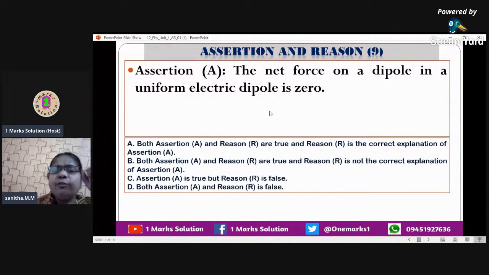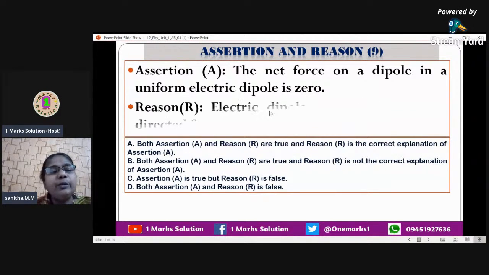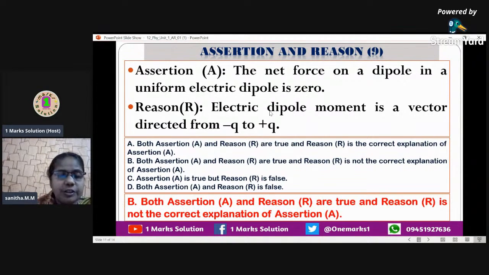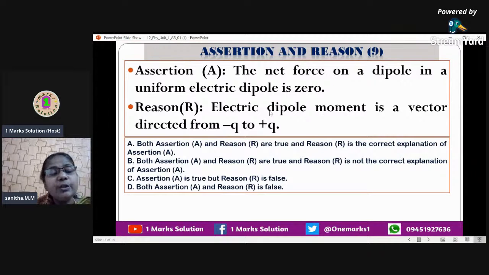Assertion: The net force on a dipole in a uniform electric field is zero. Electric dipole moment is a vector directed from negative to positive. Okay? Negative to positive. But here, the net force on a dipole in a uniform electric field is zero.